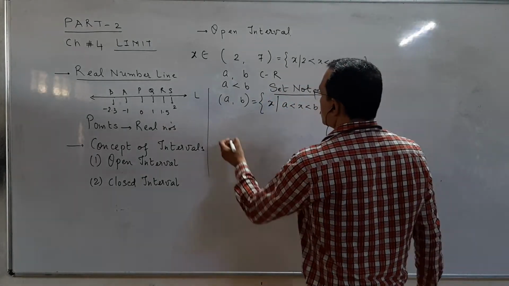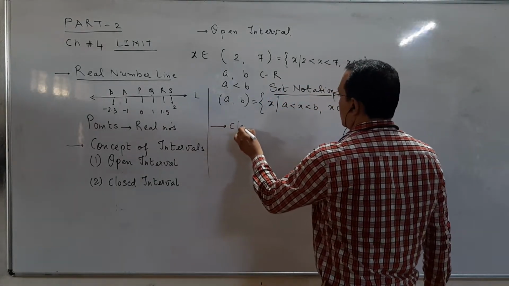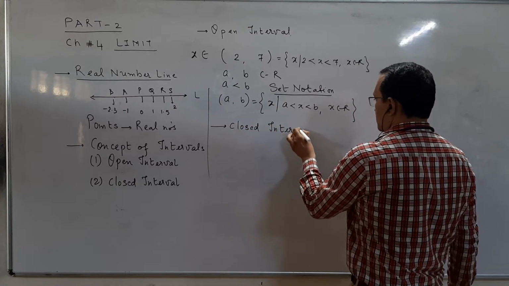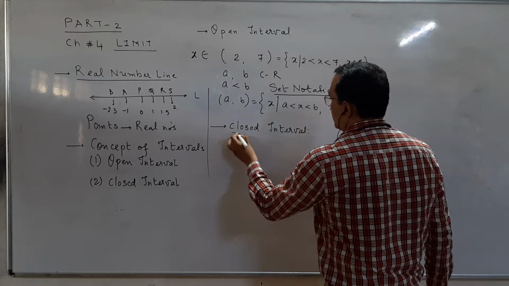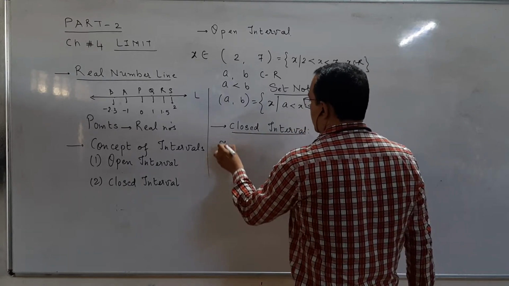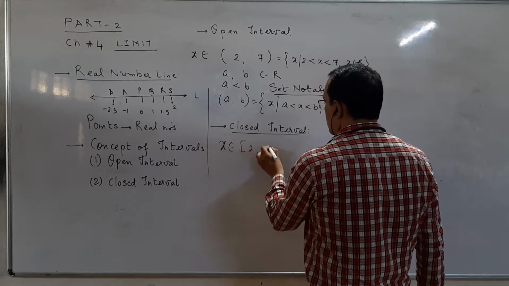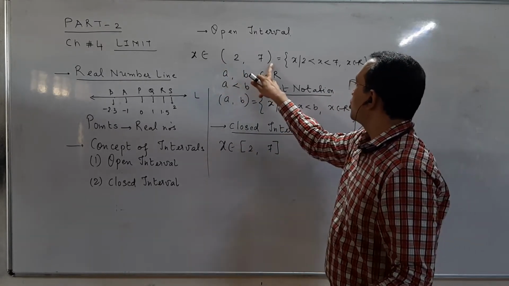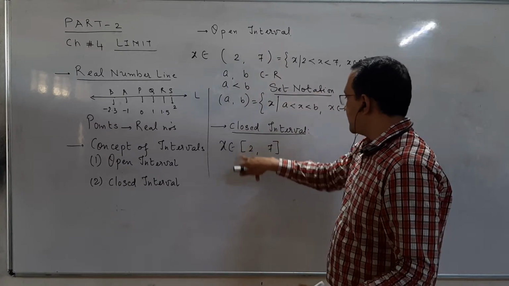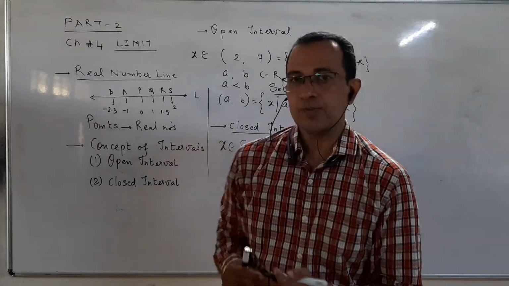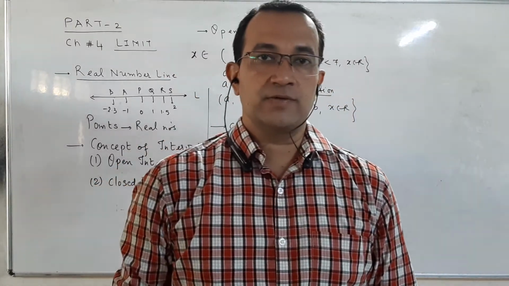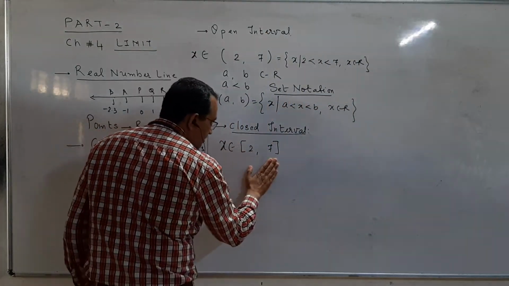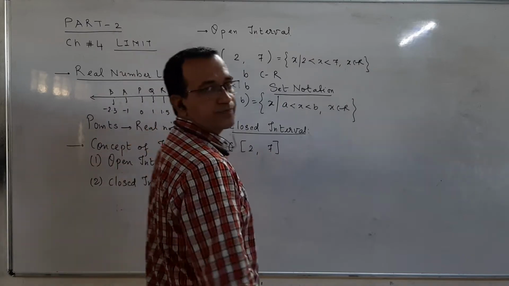The second is, students, closed interval. Now suppose I say x belongs to closed interval 2 comma 7. Small bracket denotes open interval and square bracket denotes closed interval. Now what is the change? X can be any real number between 2 and 7, including 2 and 7.